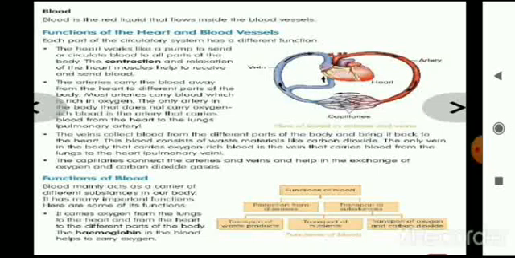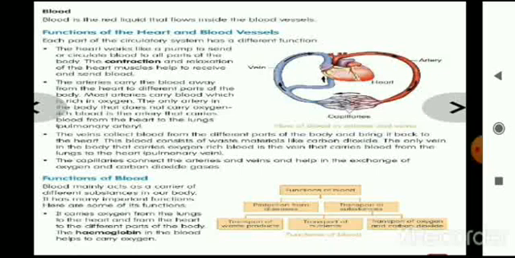The pulmonary vein is the only vein which carries oxygen rich blood. As we know that veins carry deoxygenated blood, or blood which has waste materials, right? But there is an exception. There is a pulmonary vein which carries oxygen rich blood.